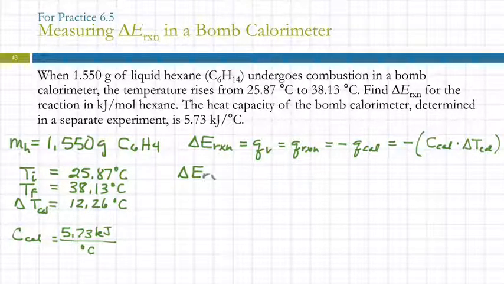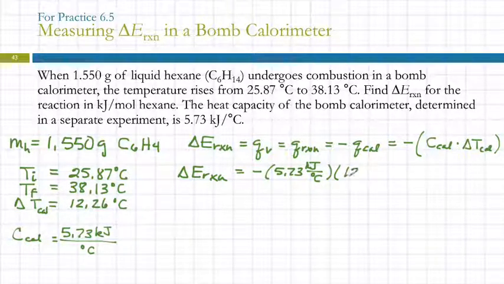So delta E for this reaction equals negative C-cal, which is 5.73 kilojoules per degree Celsius, times the change in temperature, 12.26. The degrees Celsius cancel out.